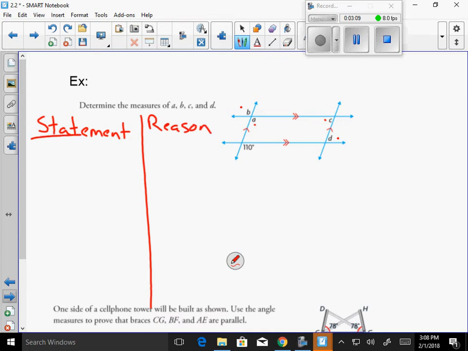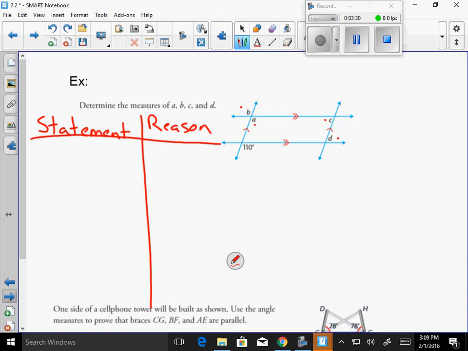Basically, I'm going to say something and give a reason why that's true. And I recommend doing this. This is what I would like to see preferably on tests, because it makes it easier for you to keep things organized, okay?